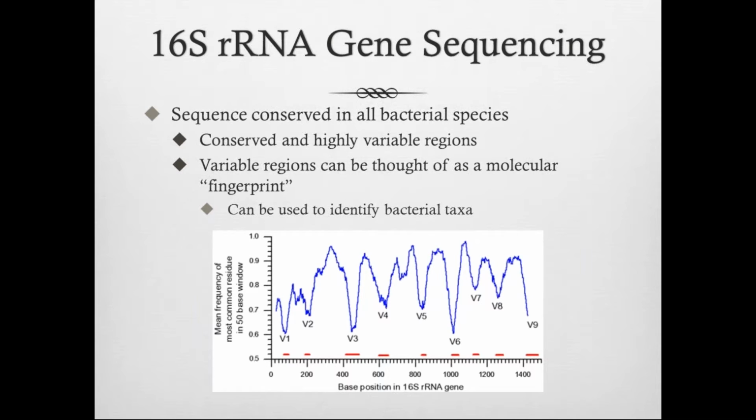Microbiome analysis sequences the 16S ribosomal RNA gene of the bacteria that inhabit our body. The 16S ribosomal gene is present in all prokaryotes, but it differs in certain regions from one organism to another.